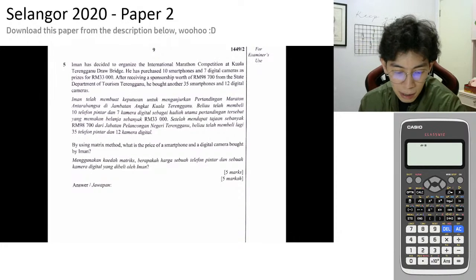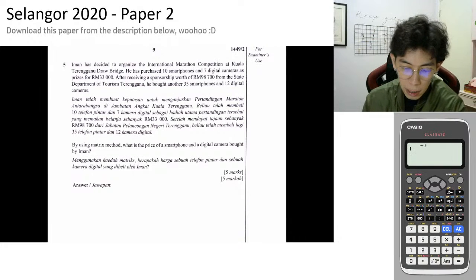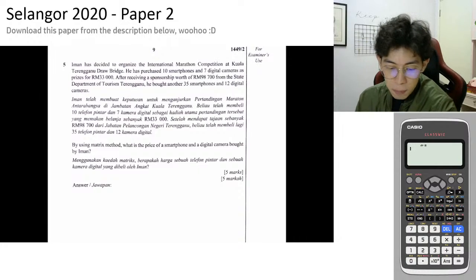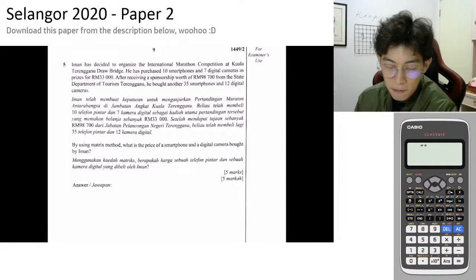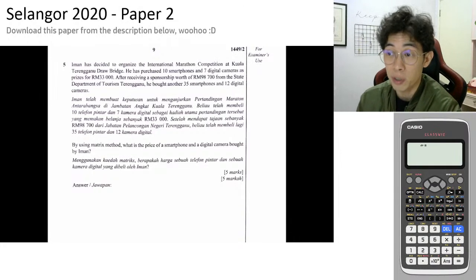Aiman has decided to organize the international marathon competition at Kuala Terengganu Drawbridge. He has purchased 10 smartphones and 7 digital cameras as prizes for 33,000.